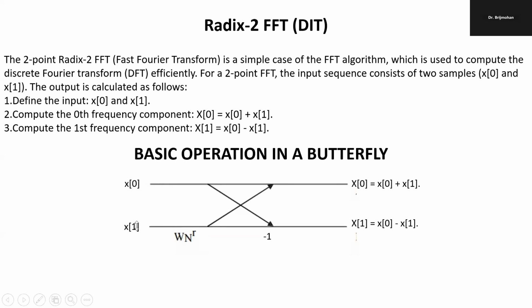Similarly, for the Fourier transform of x1 we will follow these paths. Here x0 plus x1 times W_N^r multiplied by -1 gives capital X1 is equal to x0 minus x1.